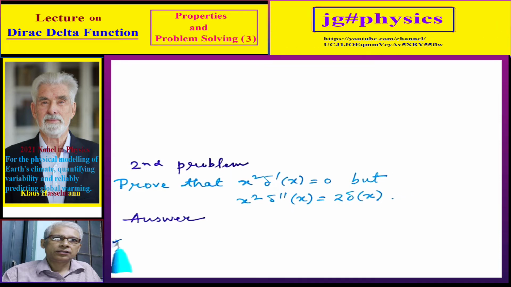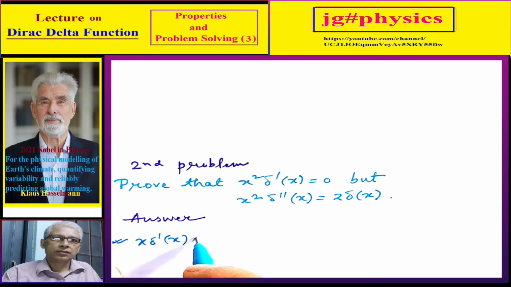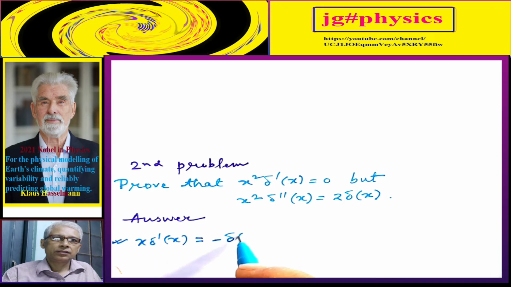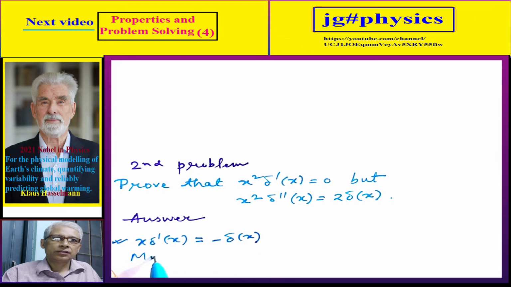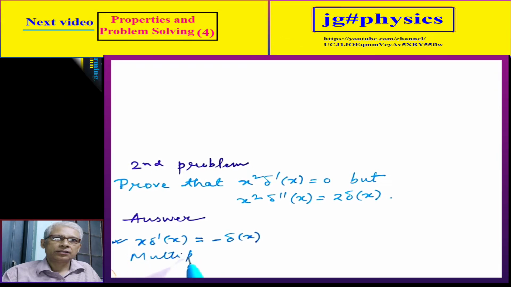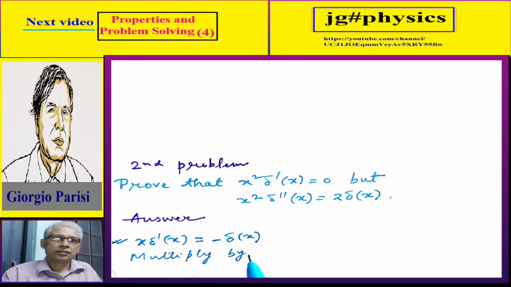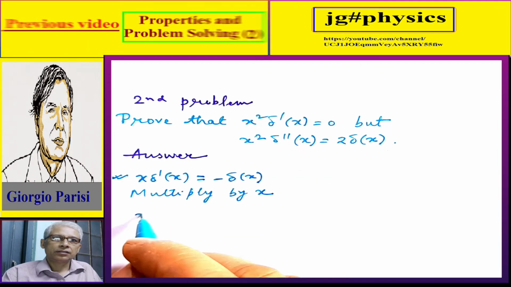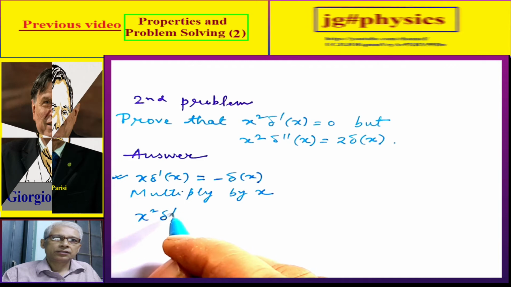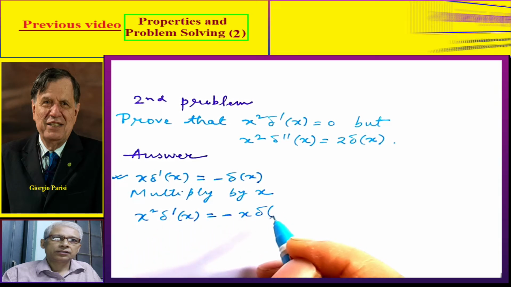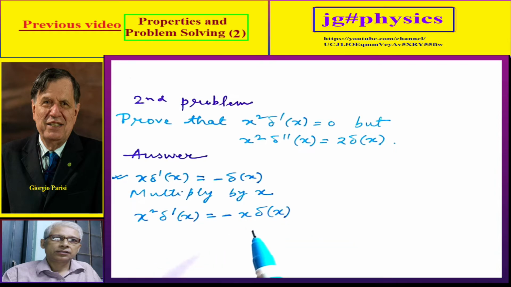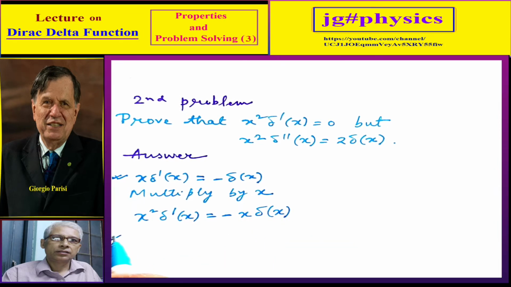We got the result x delta prime of x is equal to minus of Dirac delta of x, and let us multiply by x to get x square delta prime of x equal to minus of x delta x.